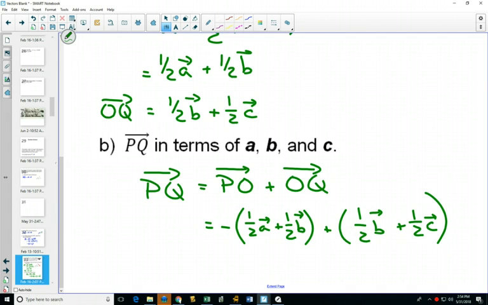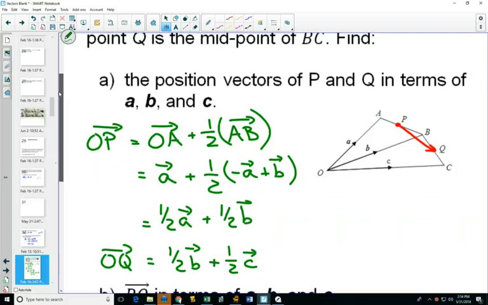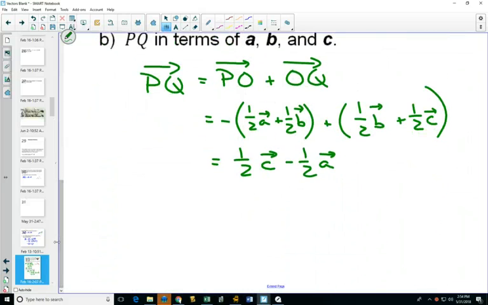Simplifying this, can you see that your B's are going to cancel out altogether? And you'll be left with 1/2 C minus 1/2 A. Now going back to our diagram, going back to our notes, good?